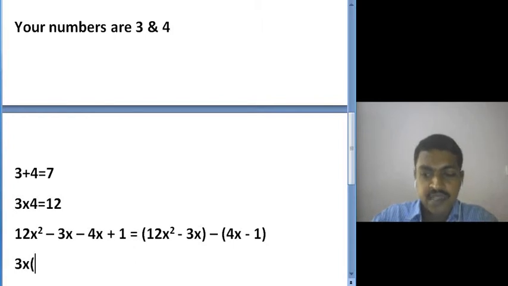When 3x is taken out of 12x square, what remains is 4x, because 4x times 3x is 12x square. So you will understand that you are actually dividing 12x square by 3x when you say you are taking 3x outside the bracket. So 12x square divided by 3x is 4x. And then this 3x is also divided by the 3x that we have outside the bracket. So when 3x is divided by 3x, what is left is 1.